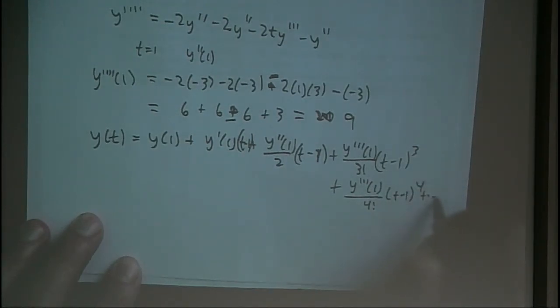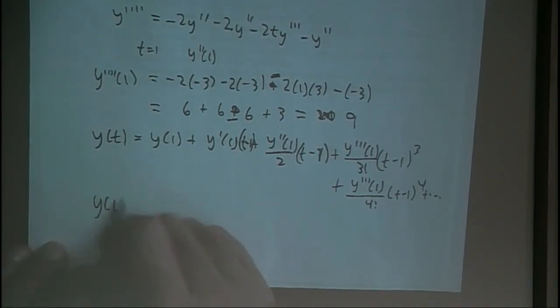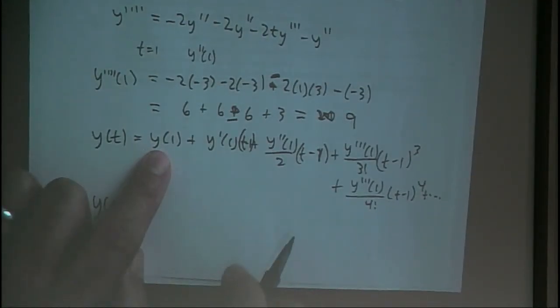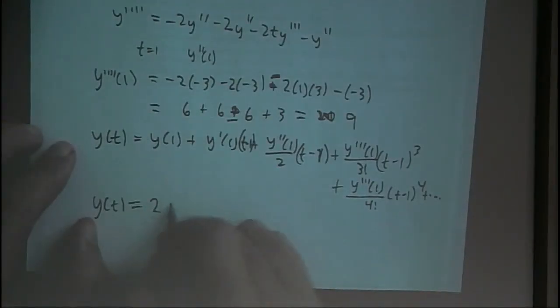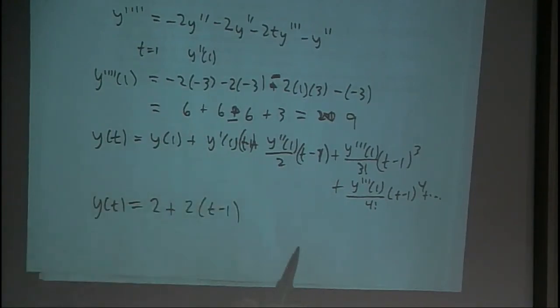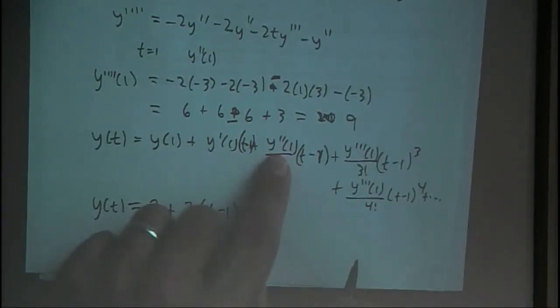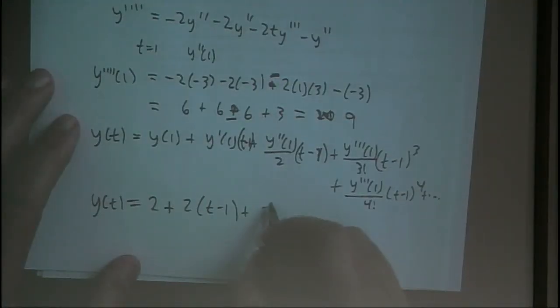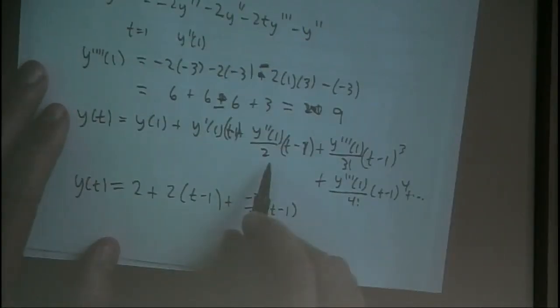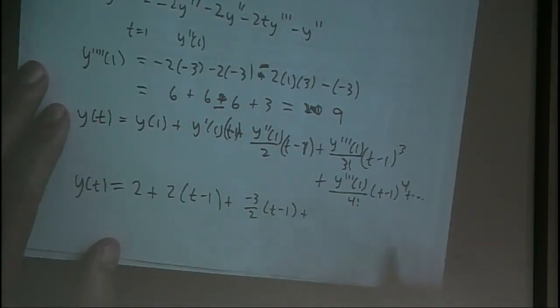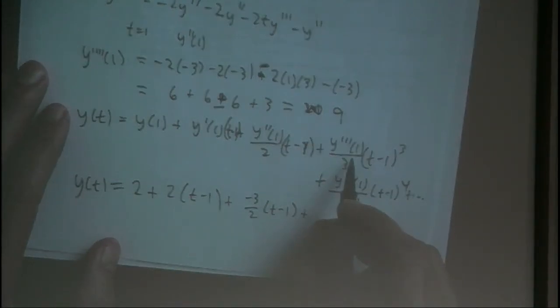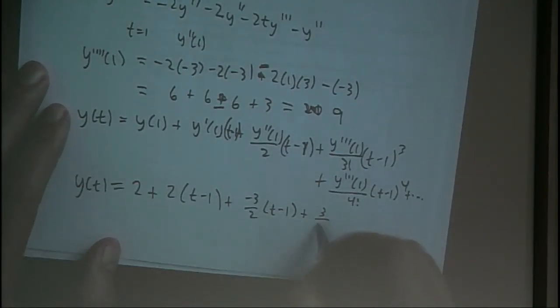And again, this goes on forever. But our solution is, when we plug this information that we found in, 2 plus 2 times t minus 1, we already found y prime of 1, plus y double prime at 1 was negative 3, I believe. Yes, negative 3 halves. We had to divide by that 2, and 2 factorial in the Taylor formula. Y triple prime at 1 was 3. It's 3 over 3 factorial, t minus 1 cubed.